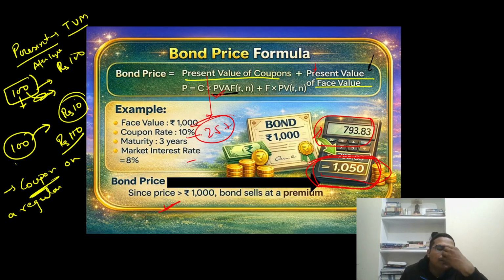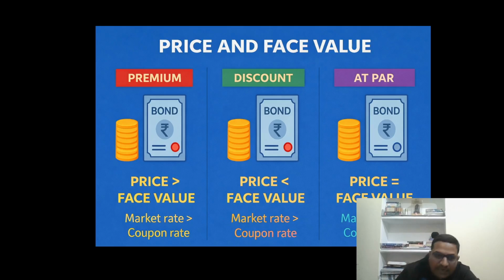So in the case when your bond is actually sold at a price, there are chances where your bond can be sold at a price more than your face value, equal to your face value, or less than your face value. Depending on that, if your bond price is greater than your face value, then it is called sold at a premium.